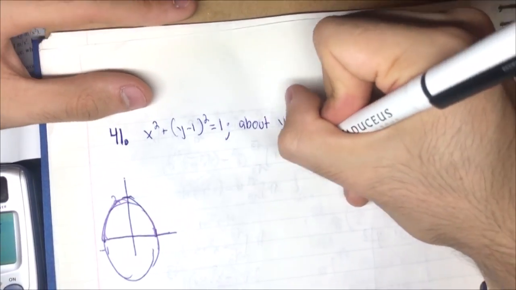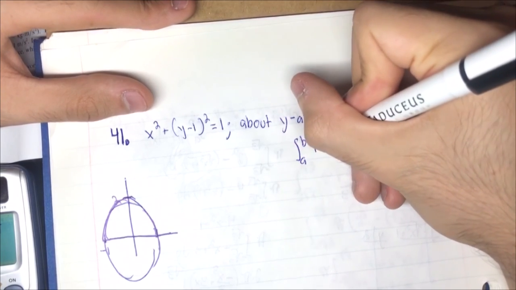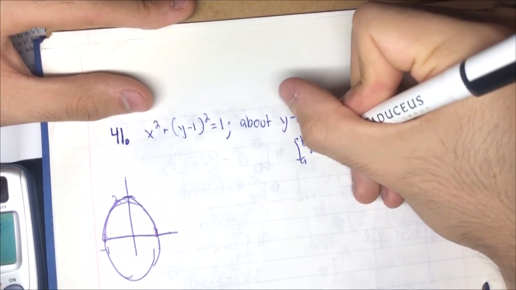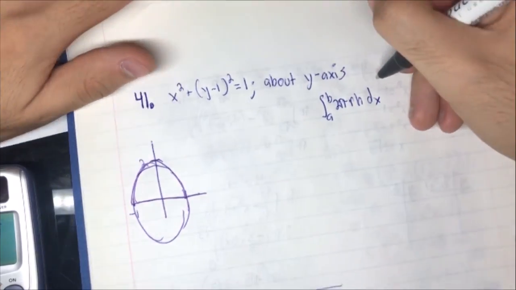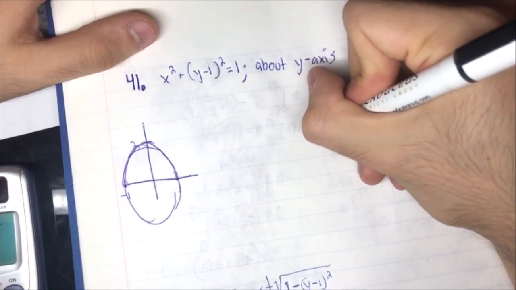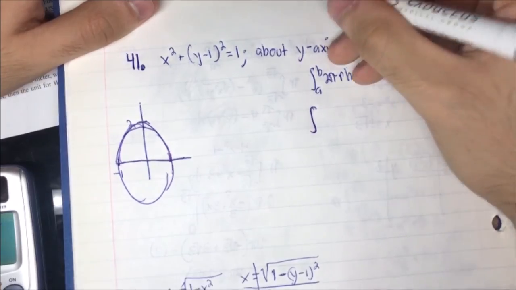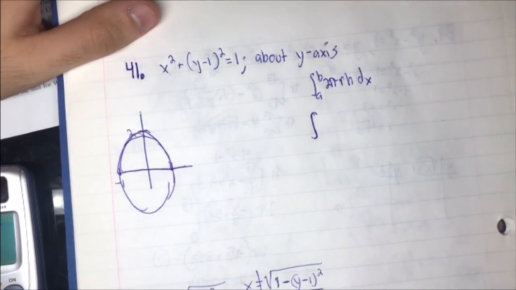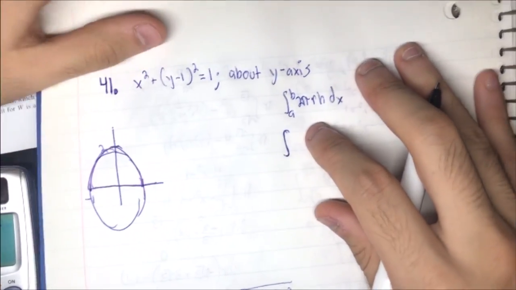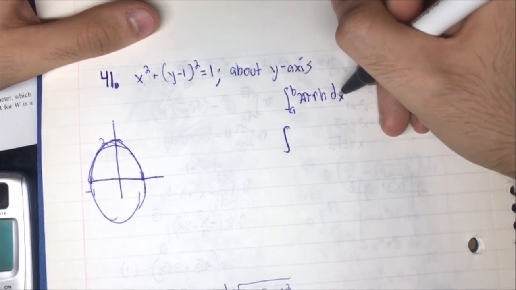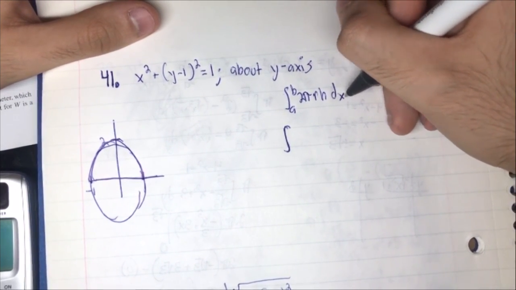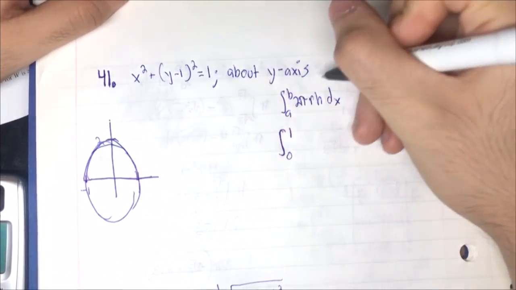And then the formula that we have to use, from a to b, 2 pi radius times height dx. All right, so the first thing we get is the radius. Well, the radius, of course, is x, in terms of dx. All right, so this is what it's supposed to look like.